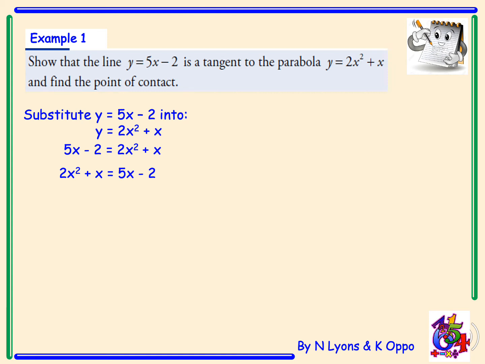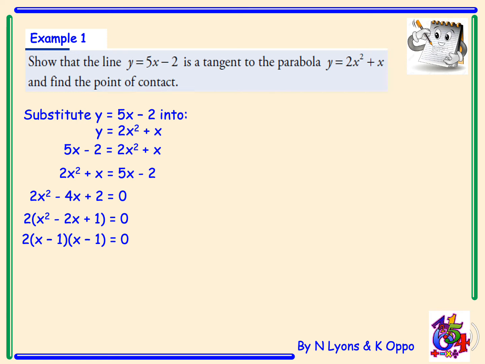From there, I'm going to bring my 5x over to the left and subtract it, so that I'll have 2x squared minus 4x, and the negative 2 will come over and we will add 2, and this is now equal to 0. The next step is we'll take out a common factor of 2, and we're left with x squared minus 2x plus 1. Now this can be factorised to give x minus 1 squared equal to 0.